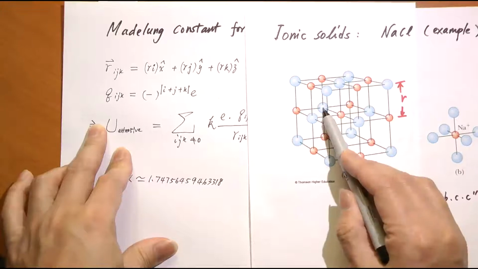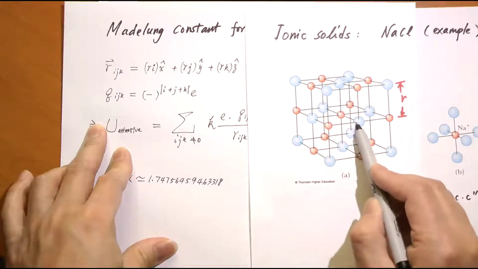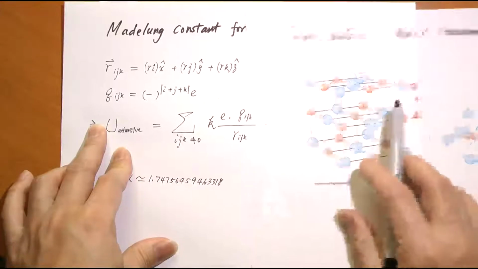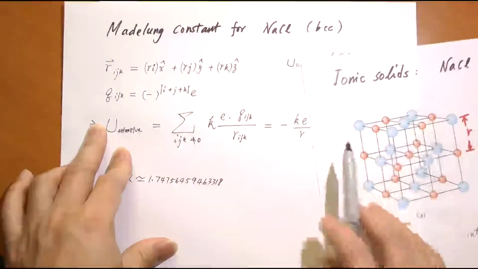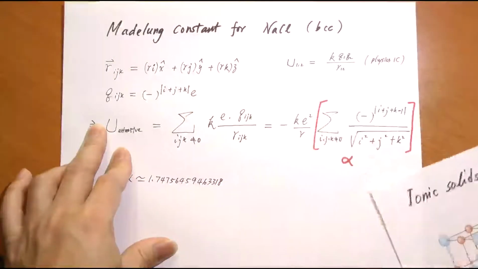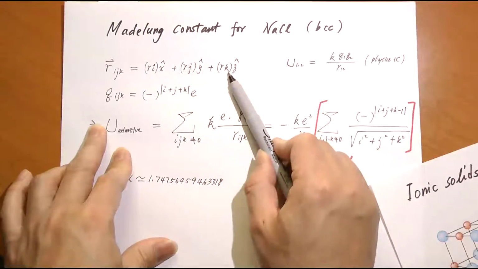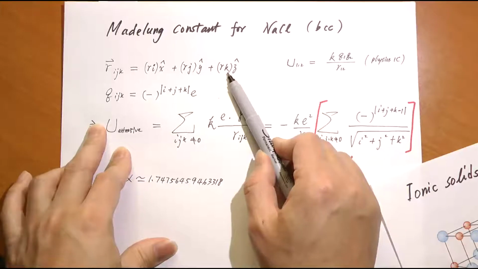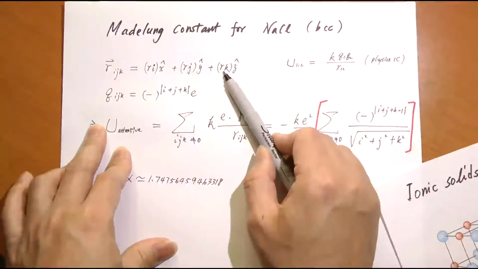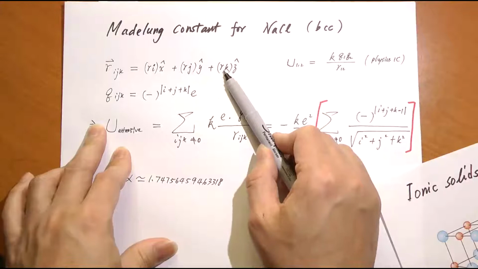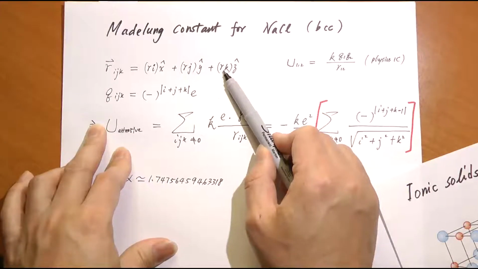And this one would have j equal to negative 1 because you start with the positive y direction going this way. So by counting all the possible integer values of i, j, k, you can find the position vector of any other ion in the entire crystal structure. So i, j, k are integers. They can be positive and negative. They can extend from negative infinity to positive infinity.